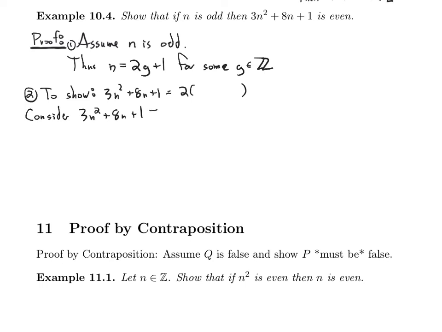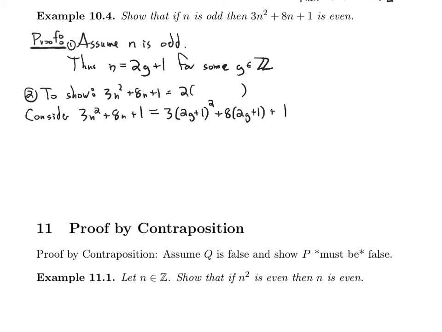So that's going to equal 3 times n squared. I know n is 2g plus 1 squared plus 8 times 2g plus 1 plus 1.